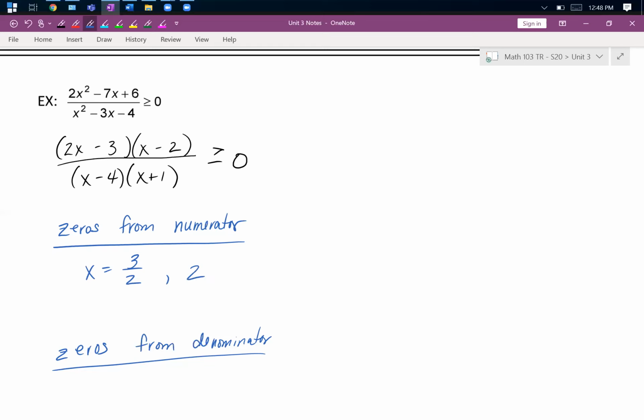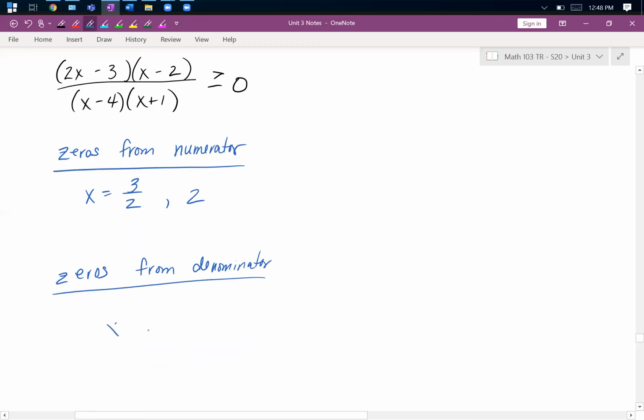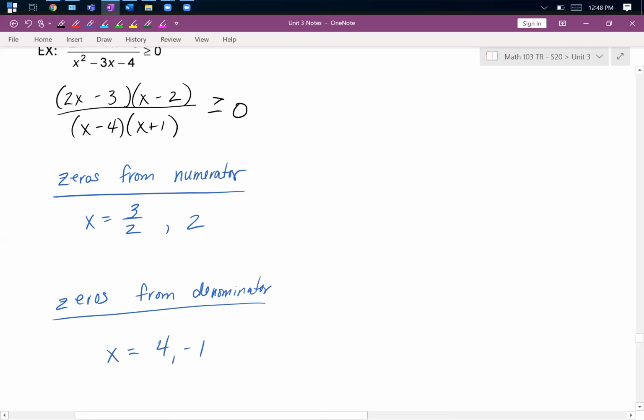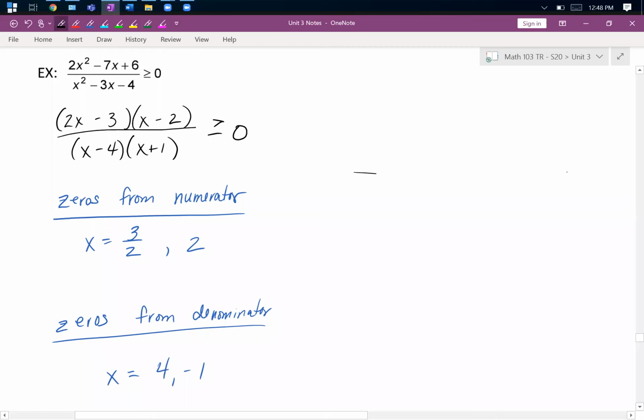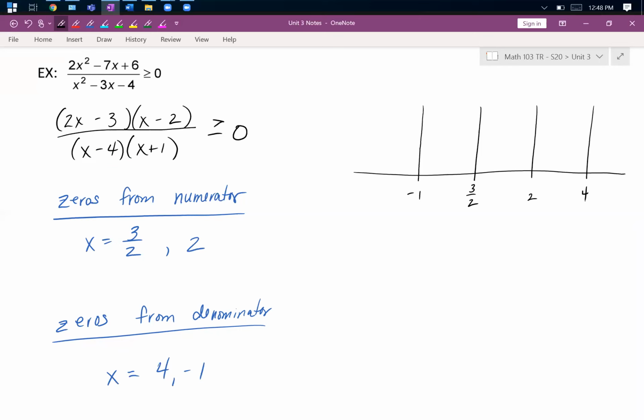And then put our zeros from the denominator. 4 and -1. And we're ready to break up our number line. And I'm going to put big red X's on the zeros from the denominator to remind myself that those can't be included no matter what.